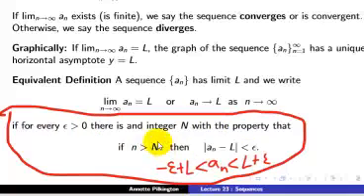After uppercase N, all terms lie in this ribbon.